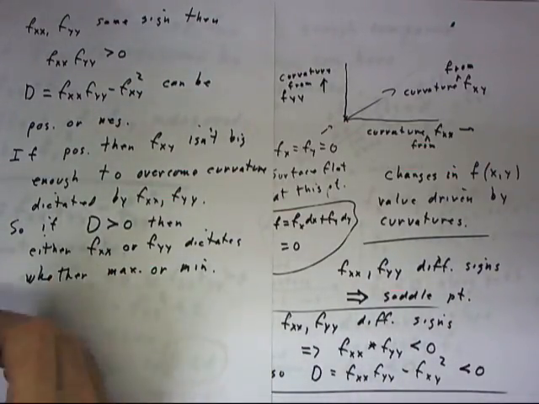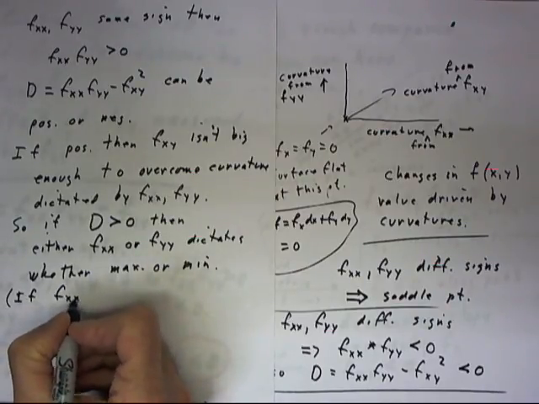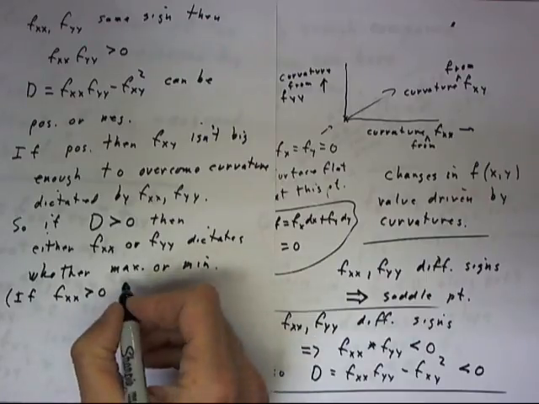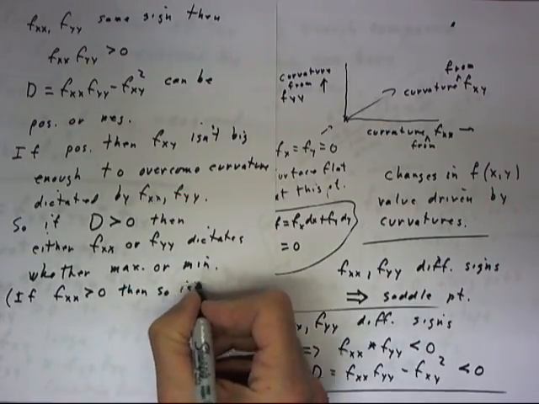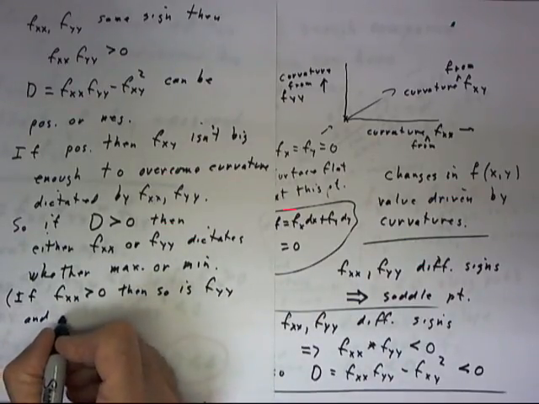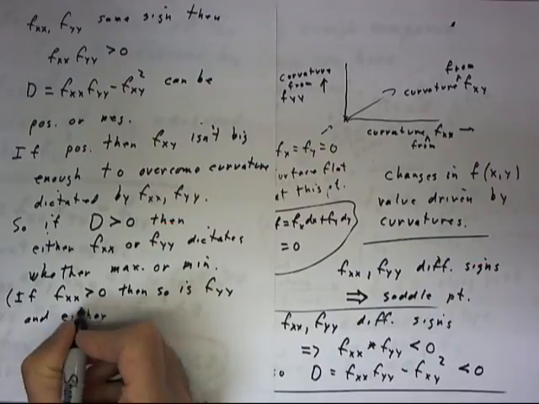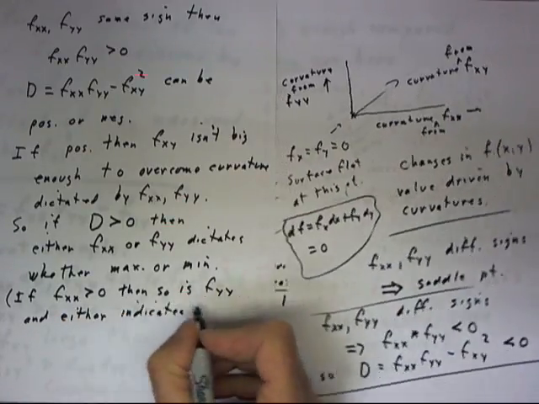So we can make the statement, if fxx is greater than 0 then so is fyy, and either indicates a minimum.